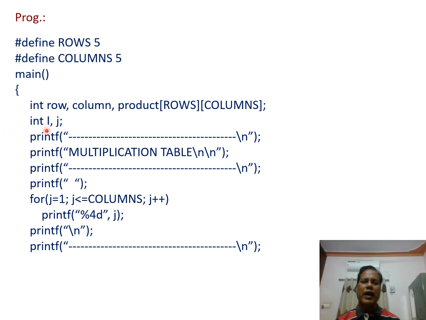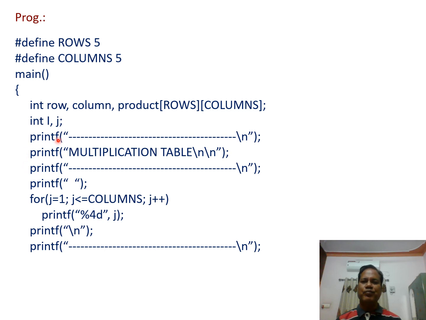So int i, j; naturally, whenever we deal with a two-dimensional array, two counter variables are needed. This statement declares two integer variables used as counter variables in the looping statements.